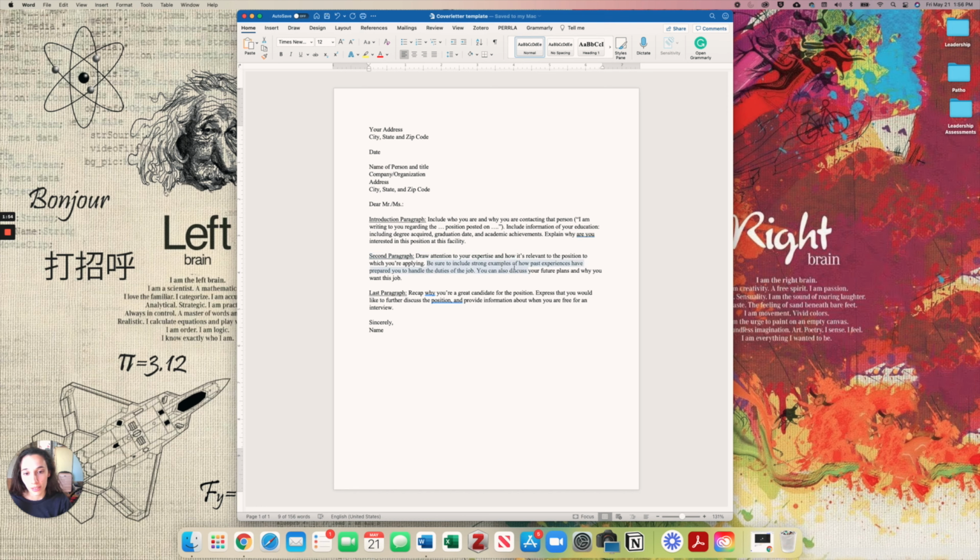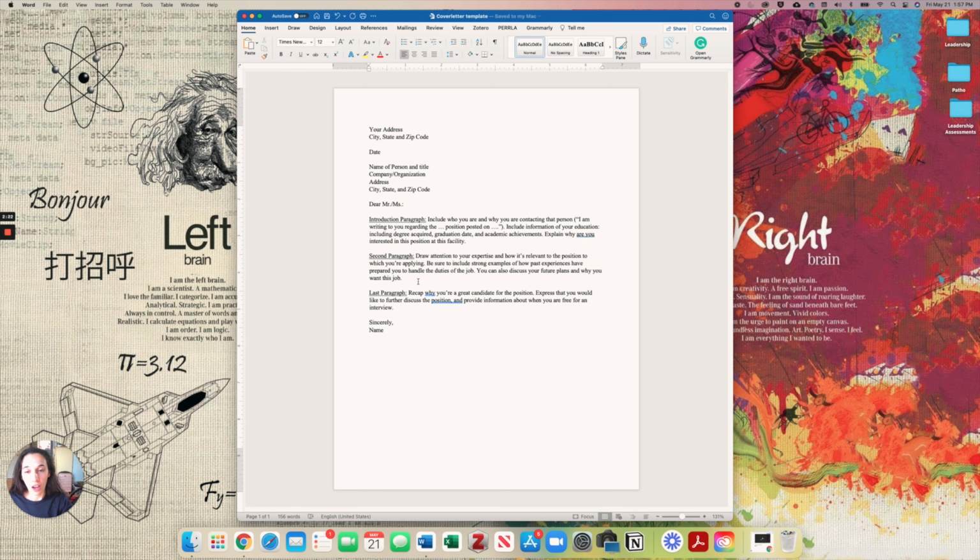You want to use examples of how you're prepared to handle duties of the job, and discuss future plans that you have and why you want this job. So you're taking things from your resume and putting them into your cover letter, and going into more detail. This cover letter to me always feels like if you handed your resume to someone and they're explaining why they should read it and why they should look at it for a certain job.